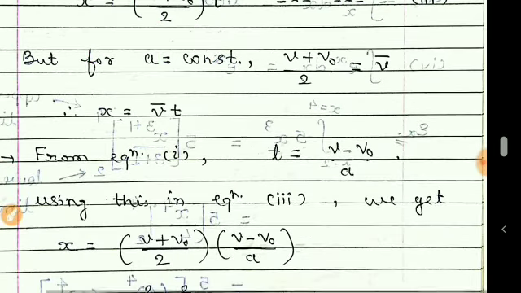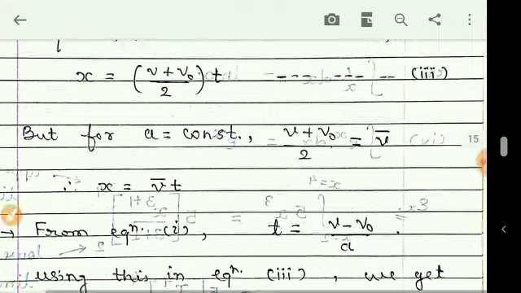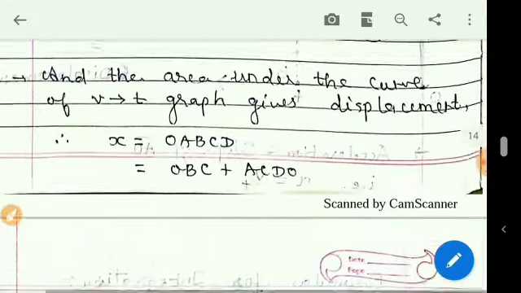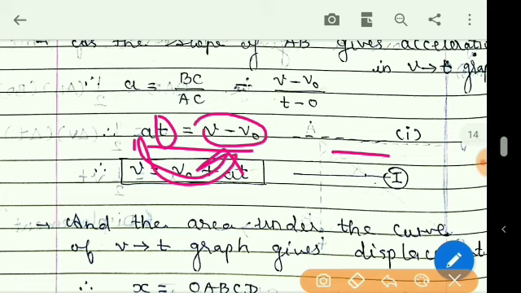Now from equation number 1, if we make t the subject, we will get this equation. You can see this is equation number 1. If we make t the subject, a will go to the right hand side. So we get v minus v naught upon a.